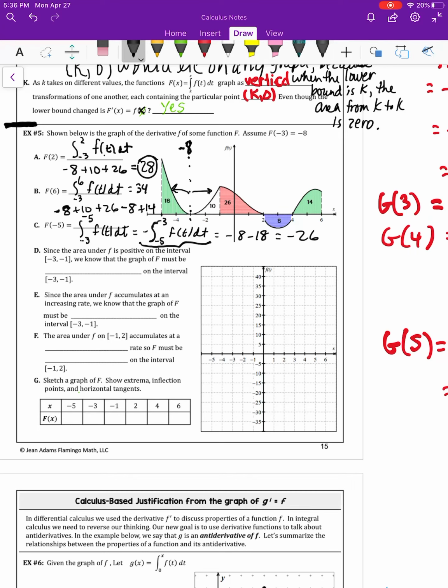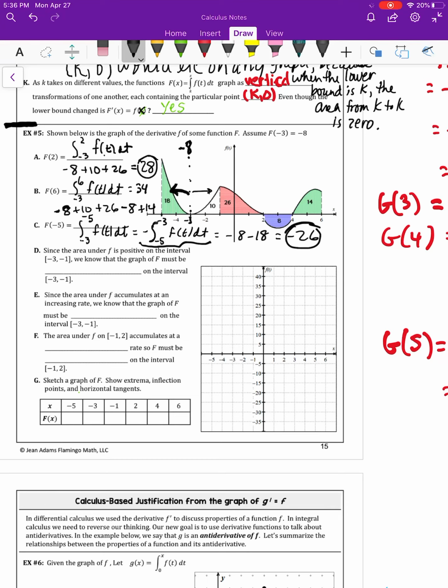I guess it would have, because you would have started at negative 8 and then gone negative 18. Or would you have started at positive 8 because it's backwards? Anyway, this answer is negative 26. And it might just be easier to think about starting from negative 3 and having negative 8, and then going this way left makes this negative 18.